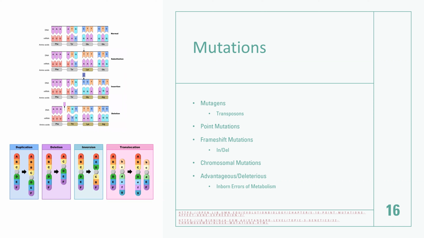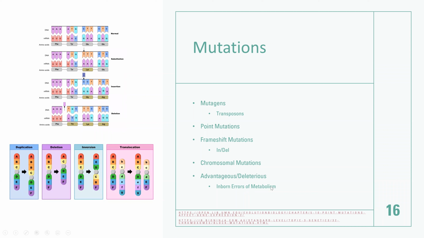However, you also have deleterious mutations, or mutations that are bad, like Huntington's disease. Huntington's disease is basically caused by the duplication of a specific sequence in the gene that causes the gene to produce an extra long protein, which messes up the protein's function.